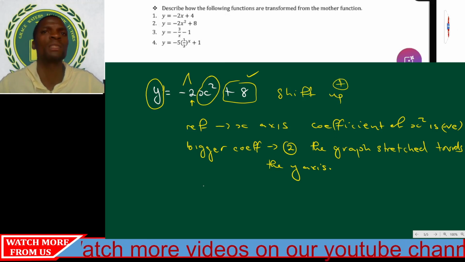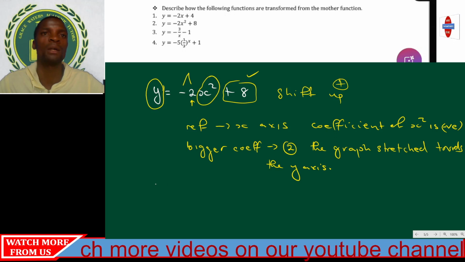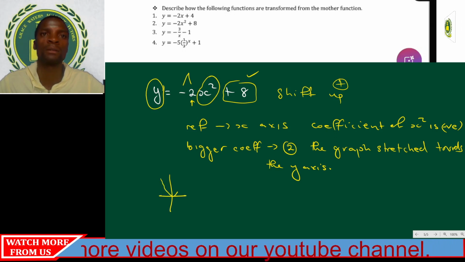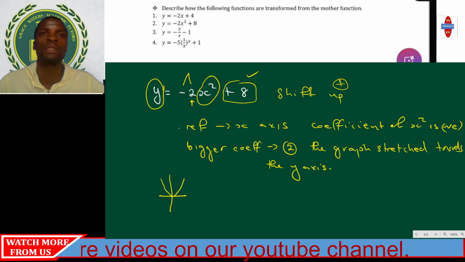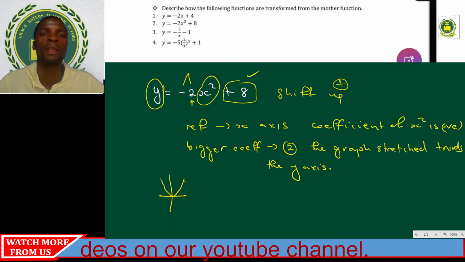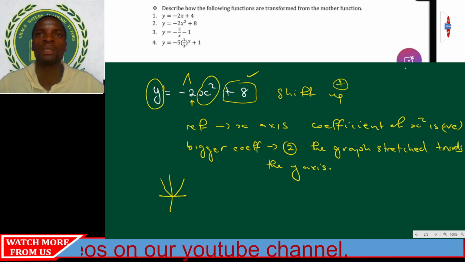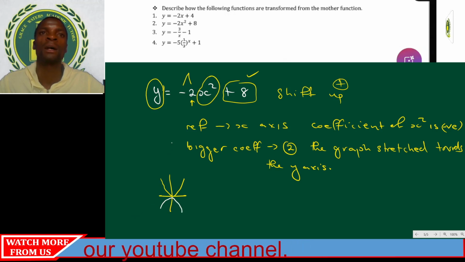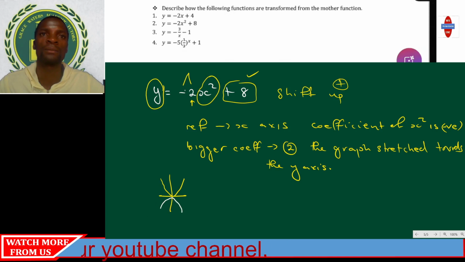Let's consider what the graph will be like. The first thing here, we had this graph, which is the mother graph, y = x squared. And then it was reflected, so it was changed into this one. After that, we are done with the minus sign.